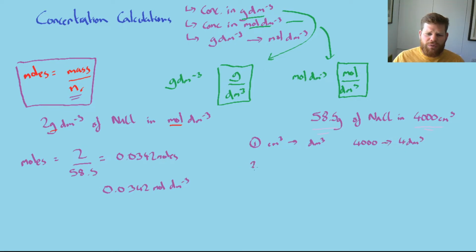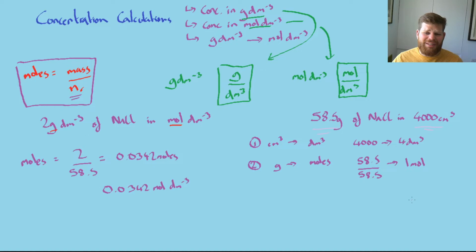Step number 2 is to simply turn my mass into moles. So I would take 58.5 and divide it by 58.5, because that is the MR of sodium chloride, and that would give me 1 mole.